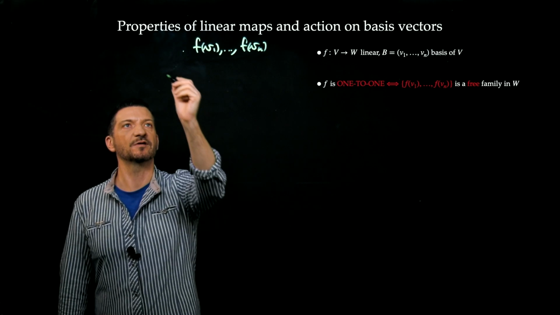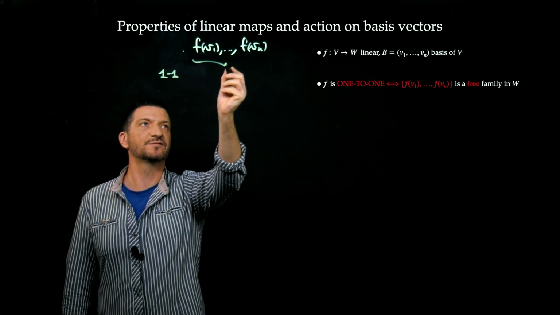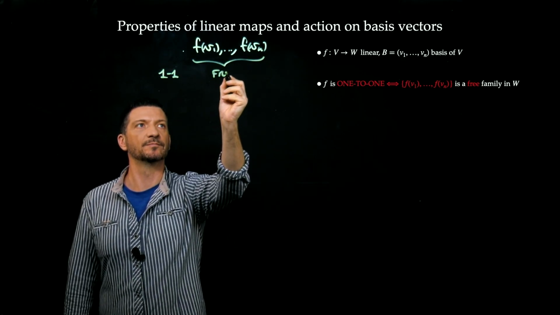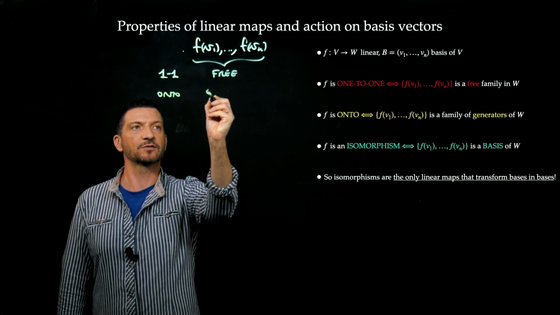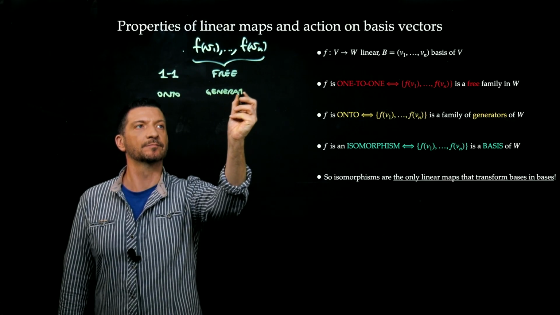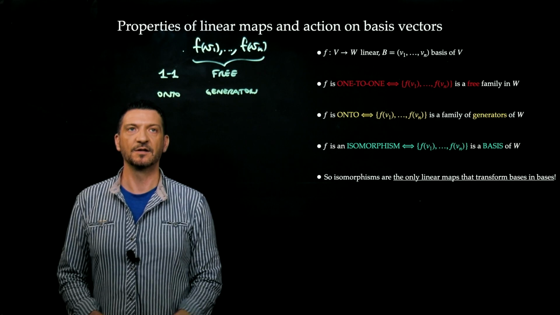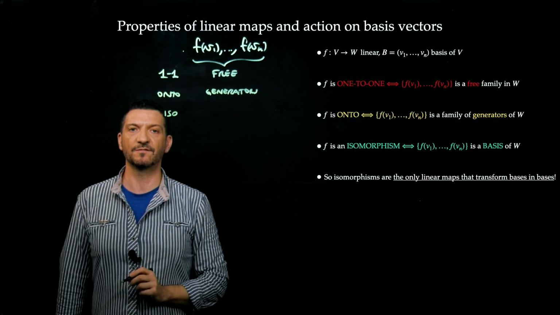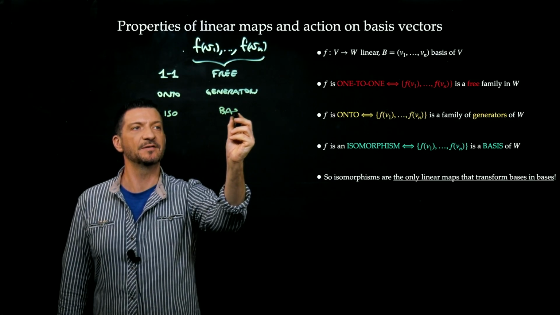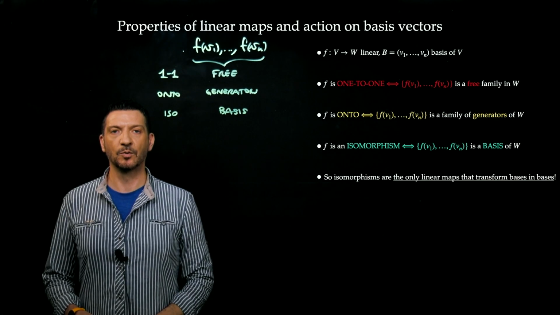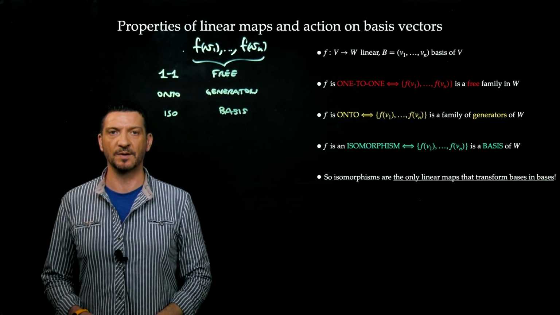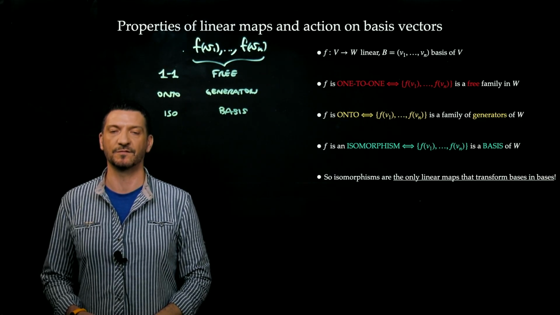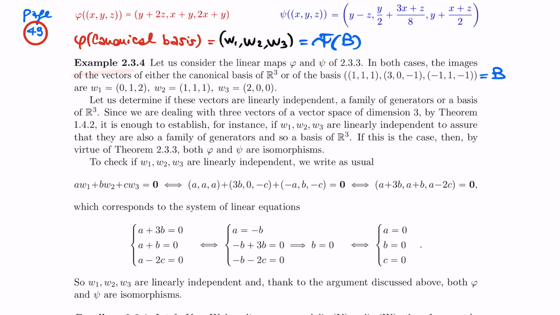In fact, f is one-to-one if and only if this family of vectors is free in W. f is onto if and only if these vectors are generators for W. And finally, f is an isomorphism if and only if these vectors form a basis of W. As an important consequence, this implies that a linear map transforms a basis into another basis if and only if it is an isomorphism.